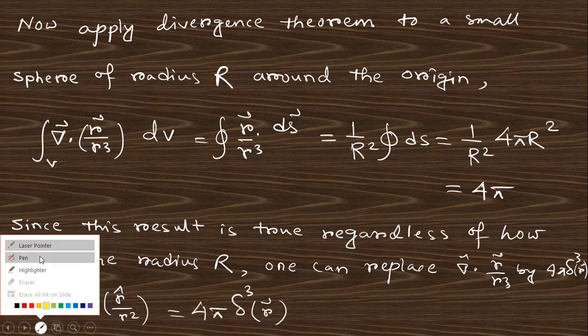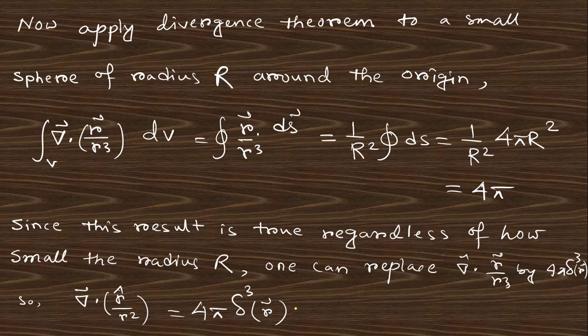You can write here the delta function equals 4 pi when r equals r0 and 0 when r not equal to r0.